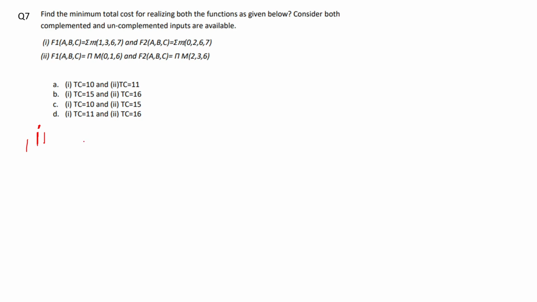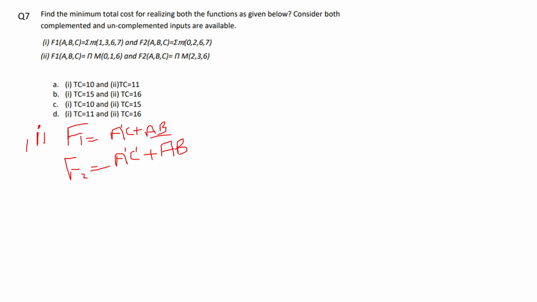So after you minimize it, you get a complement c plus ab, and f2 is summation of min terms 0 2 6 7, and after you minimize it, you get a complement c complement plus ab. I am skipping the K-map thing here because now you guys are very well versed with that, so you can do it on your own. So I'll just show you the rest of the part.